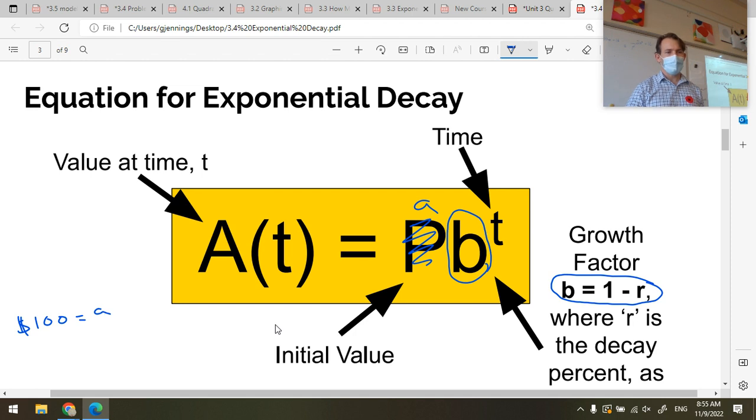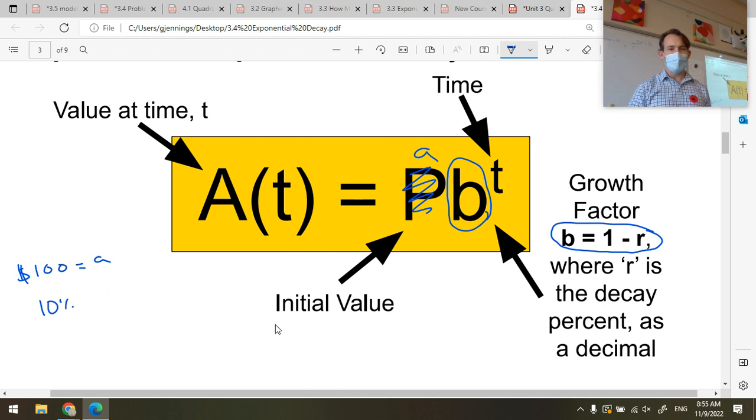Then you have your growth factor, B. Let's say we are losing 10% per year of our money. Then B is equal to 100% of my money minus the change, 10% as a decimal. So B in this case would be 0.9.